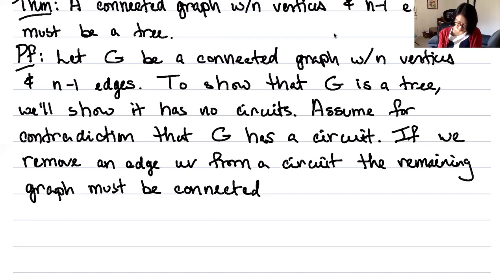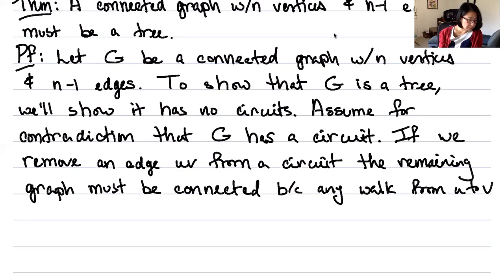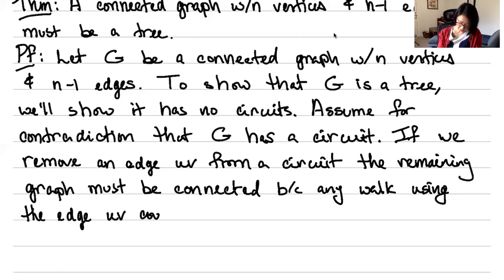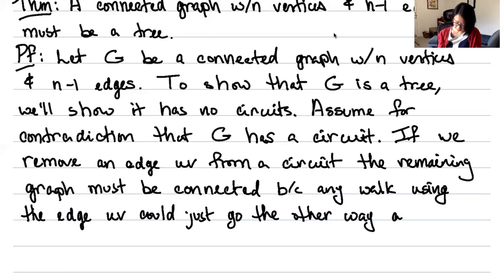Okay, it must be connected because any walk using the edge U to V, so any walk between two vertices that's using the edge UV, could just go the other way around this circuit.